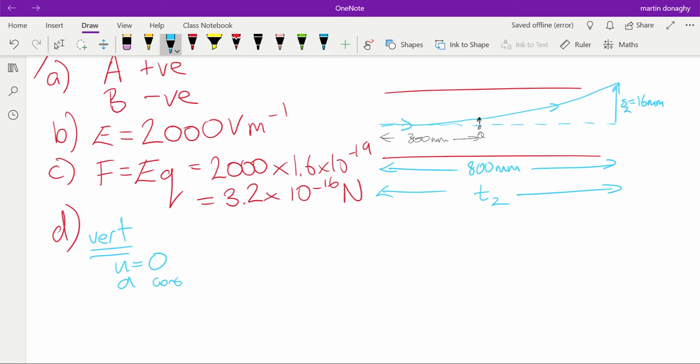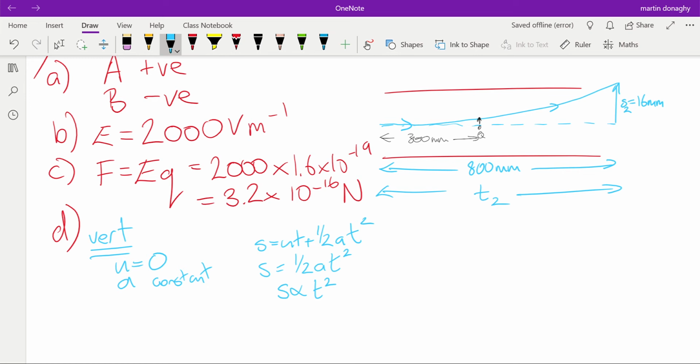So A is constant. We can then use the equation S equals ut plus a half at squared, but u is 0, so that boils down to a half at squared. So really what we're saying is the displacement is proportional to the time squared that it takes to get from one side to the other.